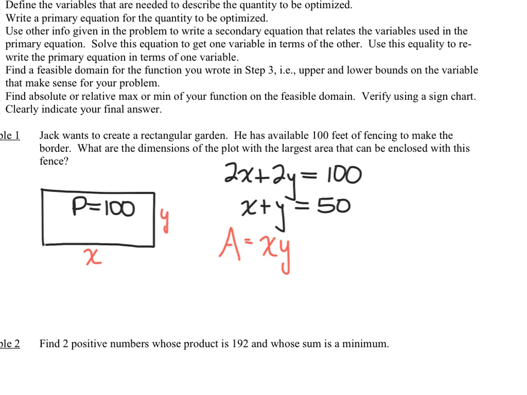All right, so where possible, I want to avoid having a function of two variables. So I want to have it a function of one variable. So I could swap out an x or a y based on my perimeter model. All right, so I can conclude here that y is equal to 50 minus x.